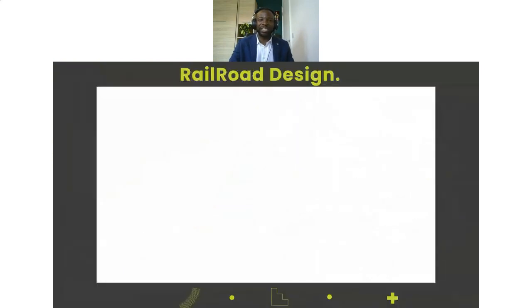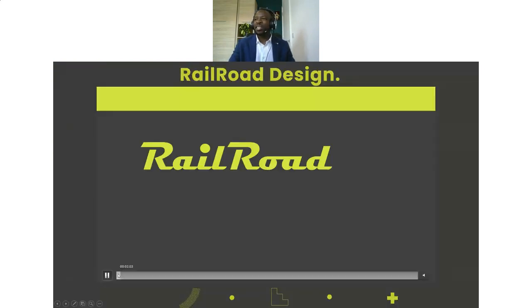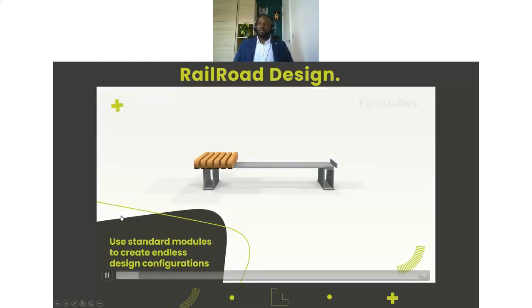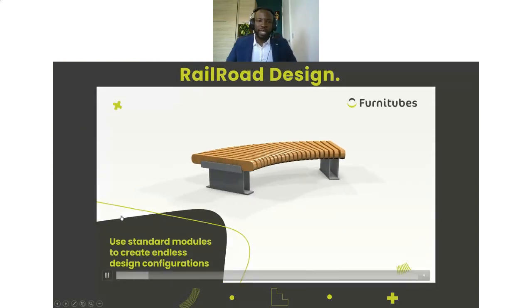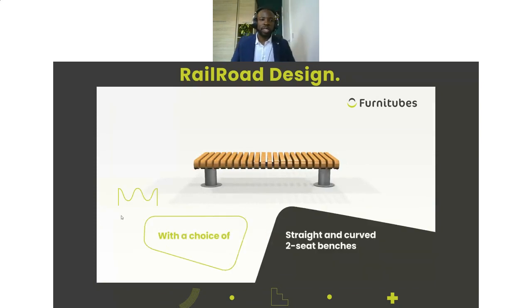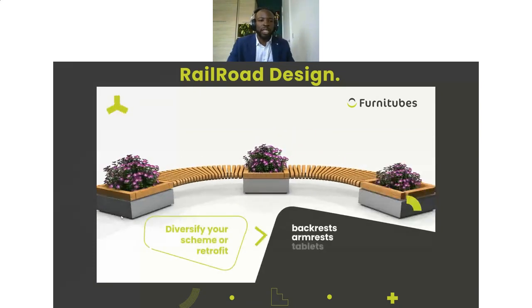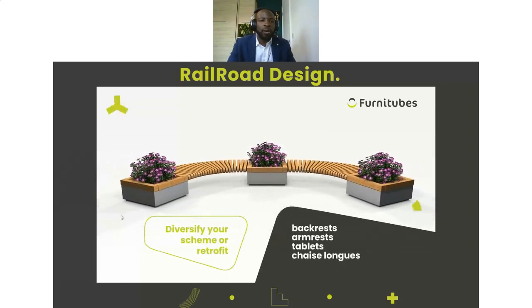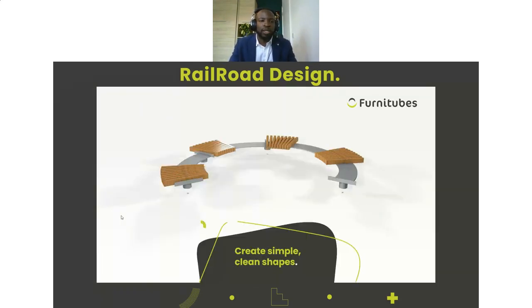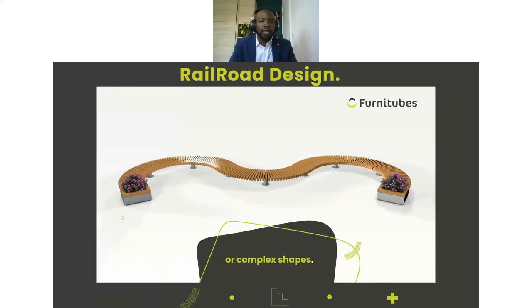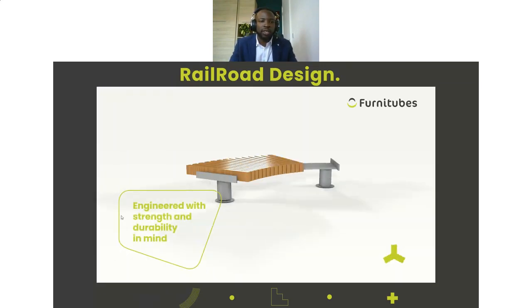Thanks very much, Ernest. So this just shows a few of the possibilities with the railroad range. So different supports can be used. Planters can be bolted to the arrangement. Backrests, armrests, tablets can be curved or straight in terms of the seating units.